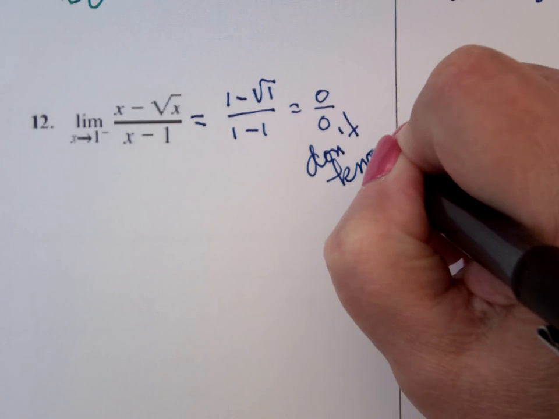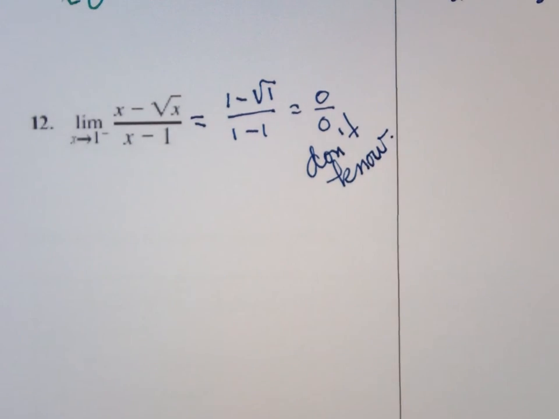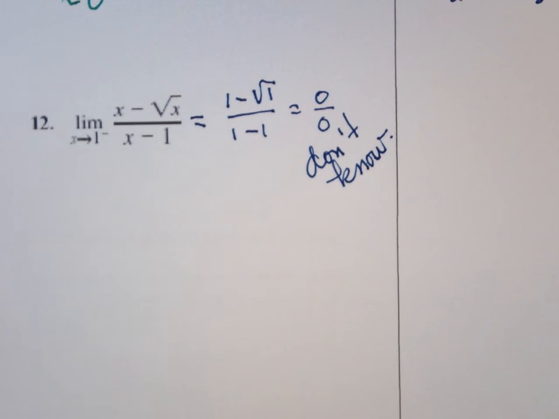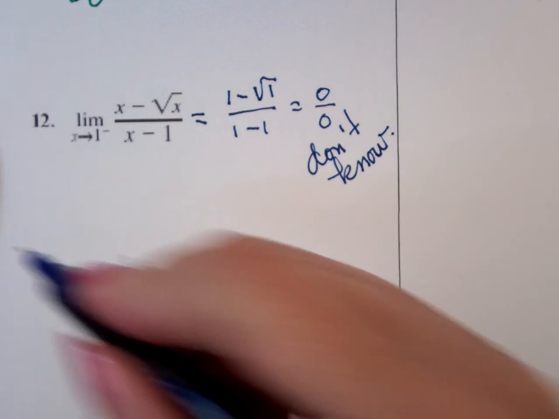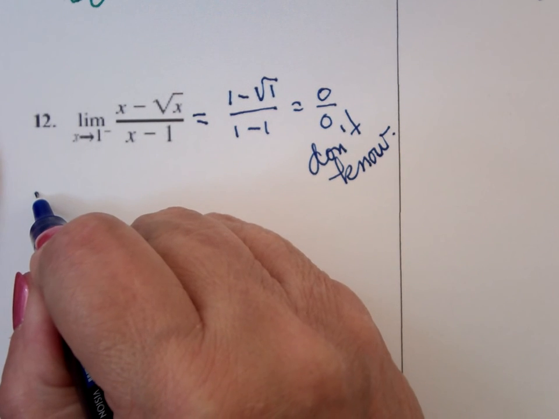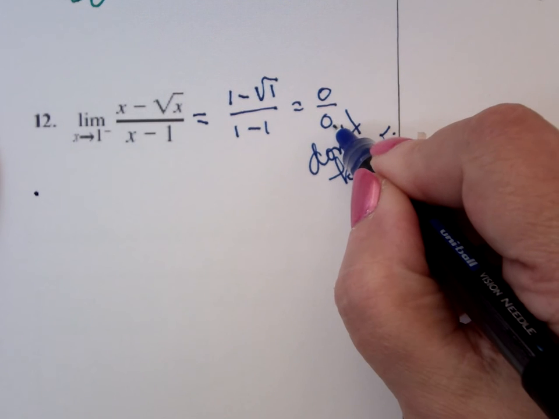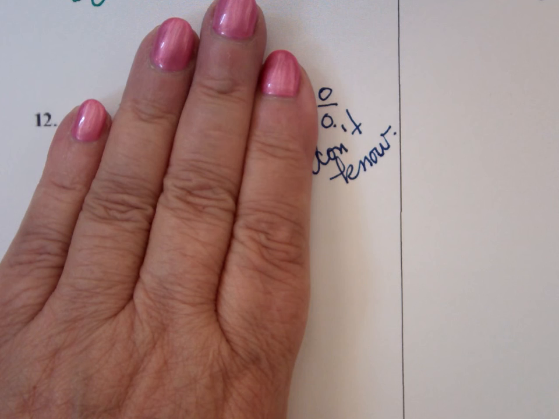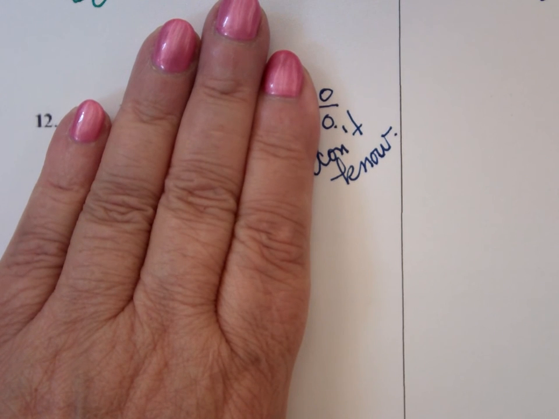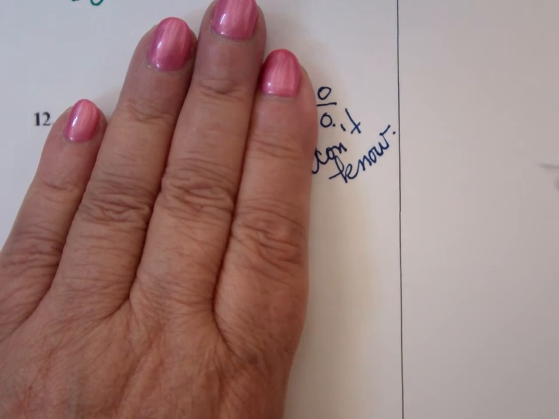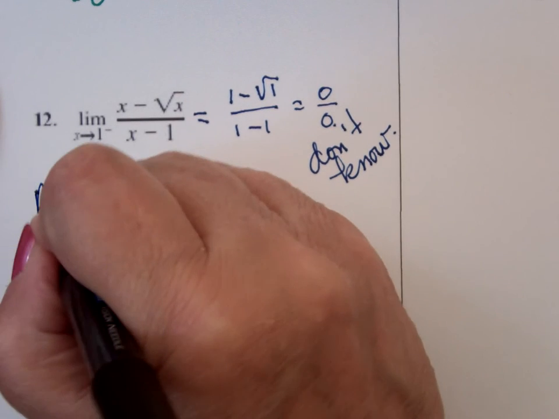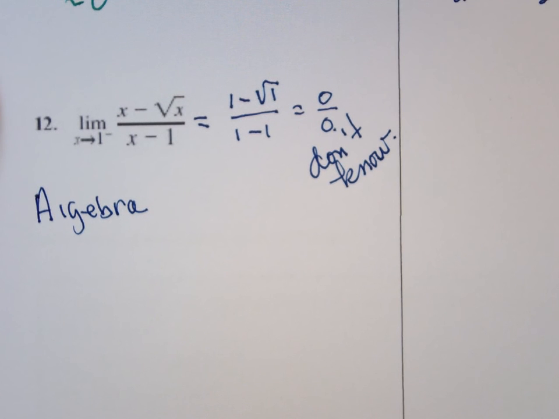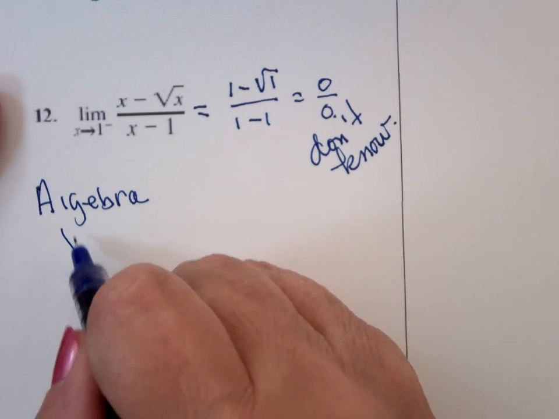Is that an acceptable answer on the test? Nope. Unfortunately not. What I have to do is what? Anytime you have 0 over 0, what do you need to do? Algebra. And what algebra am I going to have to do?